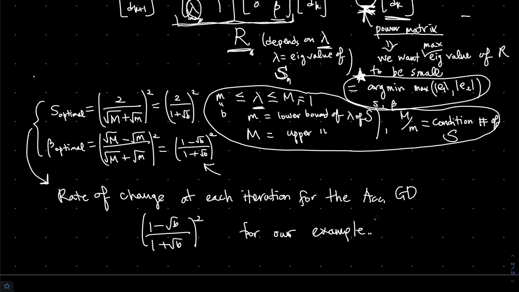So as I said before, this is an illustrative example showing the difference between the gradient descent vanilla style and the gradient descent with momentum. And it just describes how the momentum can be used to accelerate the convergence, so decreasing the rate of change for each iteration for the xk and xk plus 1.